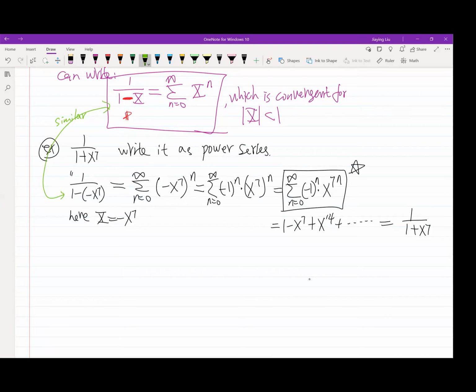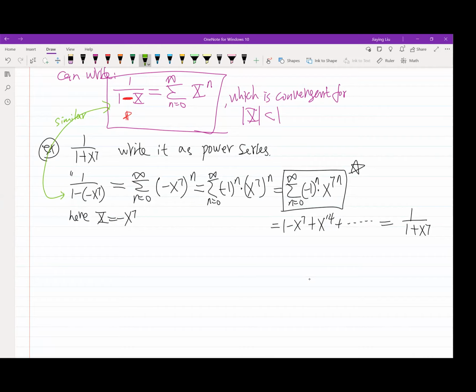It's a habit that mathematicians have. You probably think, why can't I leave it right after I plug in the negative x to the 7? We don't like to write it like this. We like to separate the negative 1 from the rest, and also simplify the exponent as much as possible.